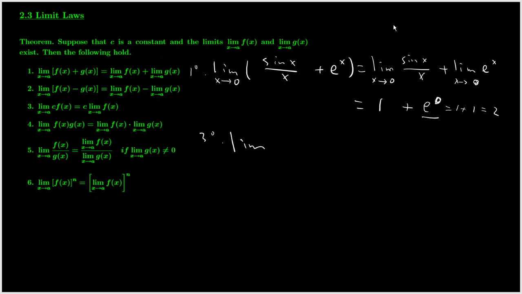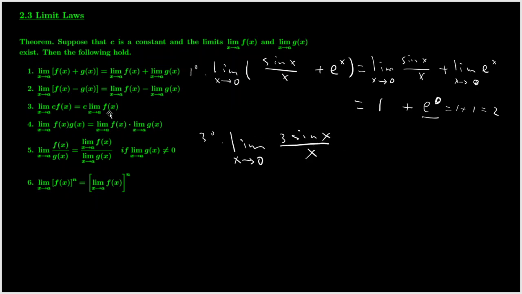If I want you to evaluate the limit of the function, let's say 3 sine of x over x as x approaches 0, you cannot plug 0 in to get the limit, because the function is undefined, right? You have to do something.